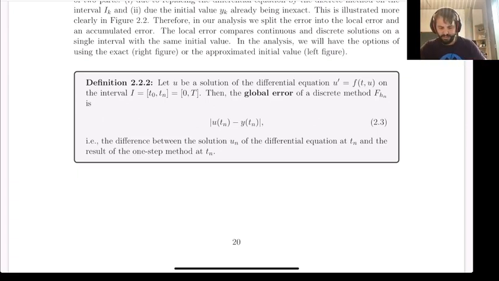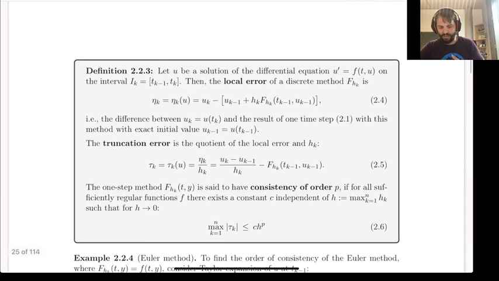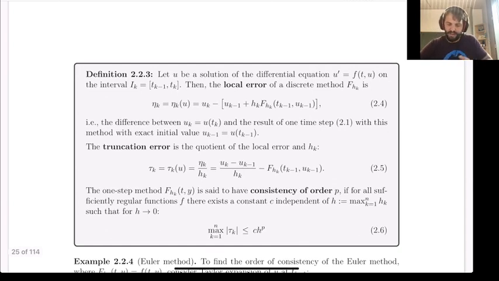Okay, so then we came to the local error. Now the local error is essentially saying, this is y_k here. I basically define the local error to be the error you make in one time step.